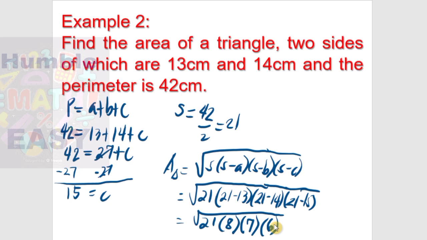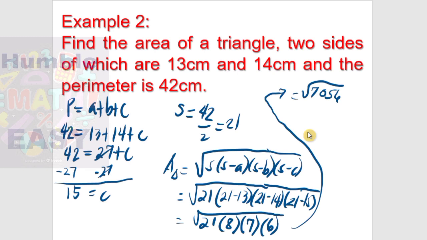And we come up with the answer: the square root of, is it correct? 7,056.